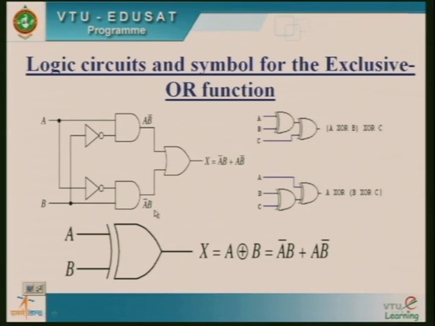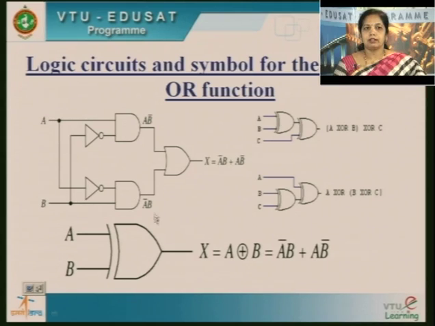My output is the summation of A B complement and A complement B. So, I am generating A and B complement here. This is one AND gate, this is another AND gate, 2 AND gates and 1 OR gate. I am going to generate this equation. So, this equation finally consists of 2 AND gates and 1 OR gate. So, this is the logic circuit for XOR gate.